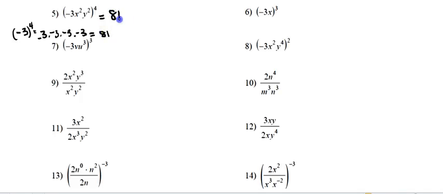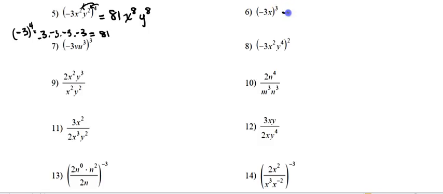So this is 81. X squared to the fourth power, well, when you raise a power to a power, you multiply. So 2 times 4 is 8. Okay, and then this is also y to the 8.